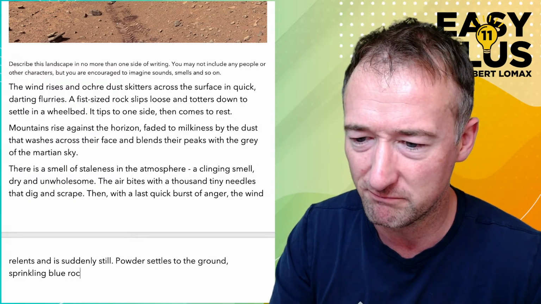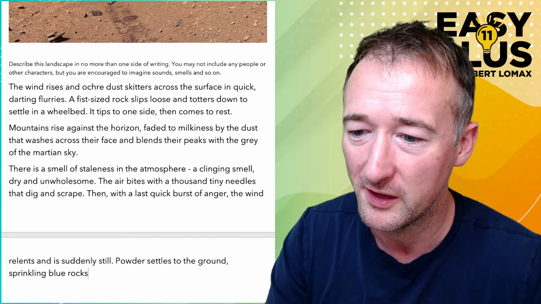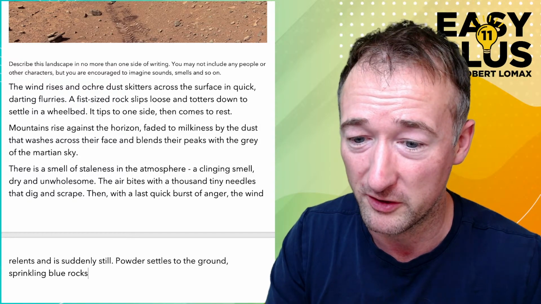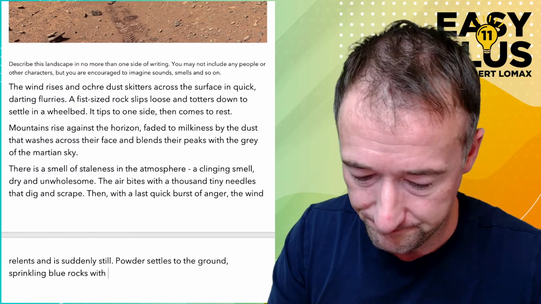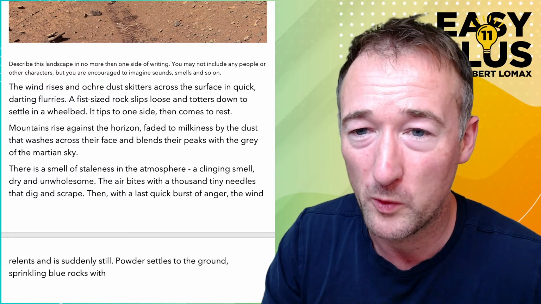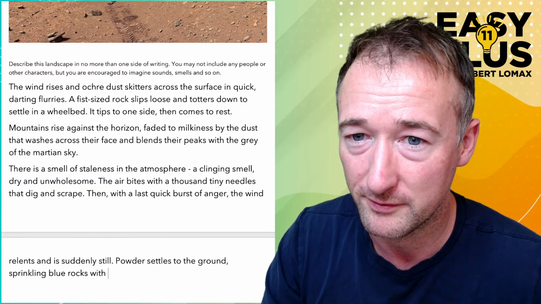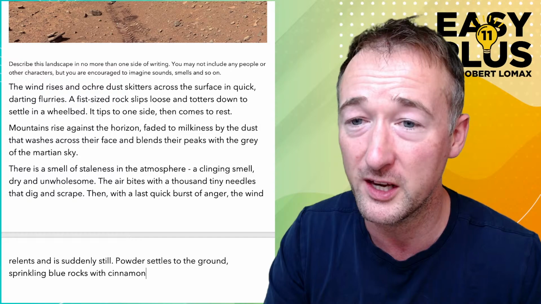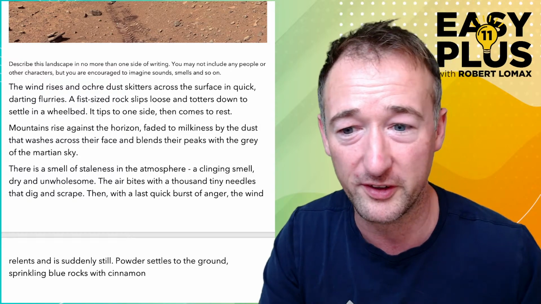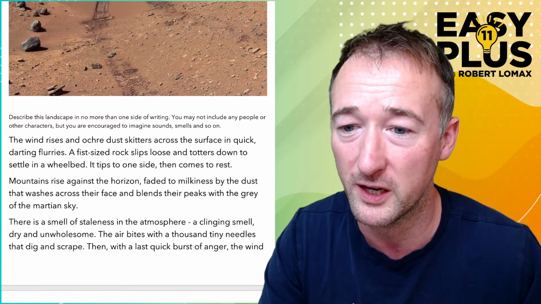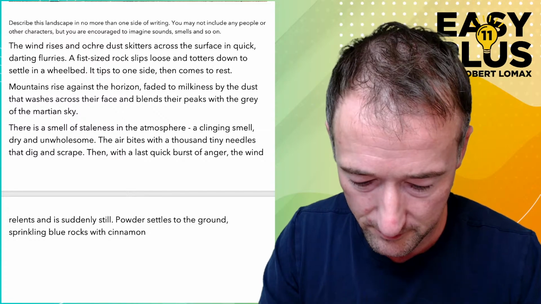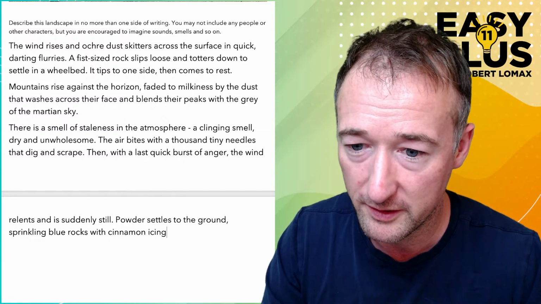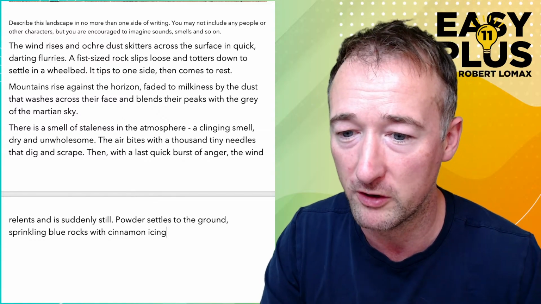Blue rocks. Maybe we can do something more interesting with that. Sprinkling blue rocks with cinnamon icing, because the colour is also cinnamon, isn't it? As well as ochre. You could also see this colour that we're looking at here as being cinnamon coloured.